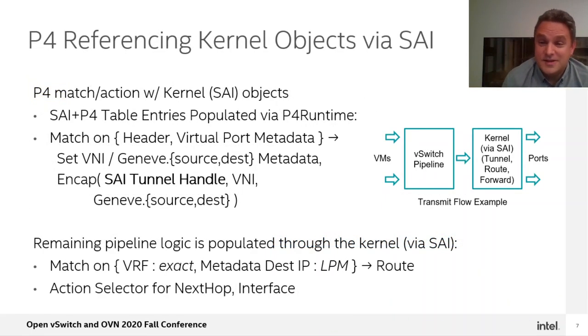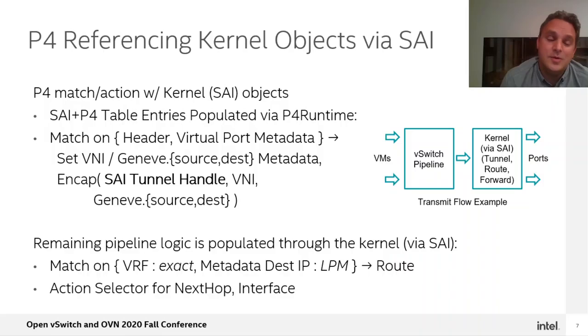And so this is an example of how it can be achieved, is that you can have a P4 match action where you can match on something that's been configured through SAI, and you can have an action that points to a handle in SAI.